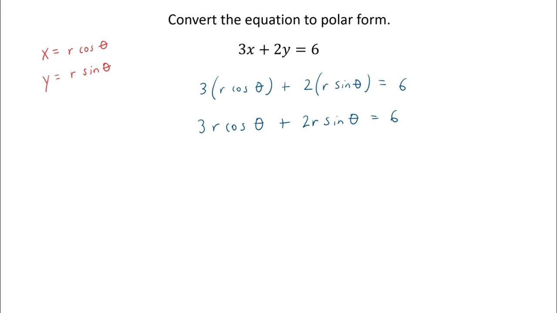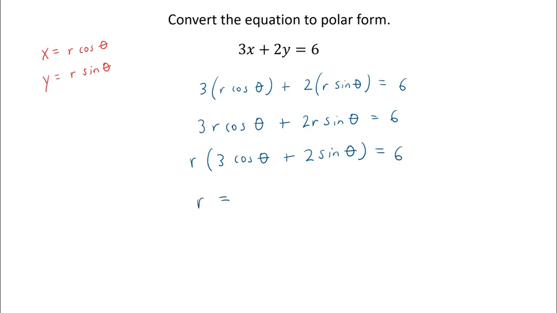Notice that both of the terms on the left side of this equation have a factor of r. So I'm going to factor an r from each of these terms on the left side. That's going to give us r times 3 cos theta plus 2 sine theta, and that's equal to 6. And now all we have to do is divide both sides by 3 cos theta plus 2 sine theta to isolate r by itself.